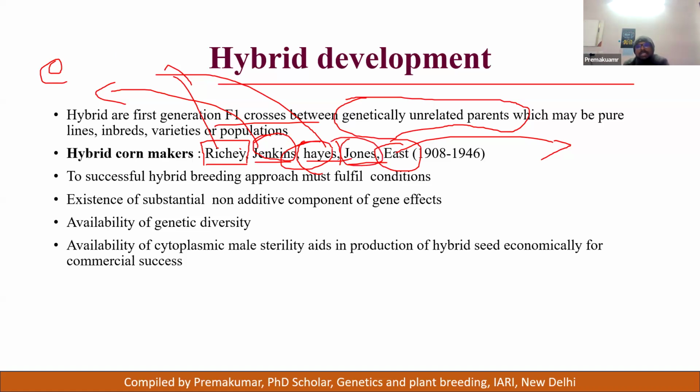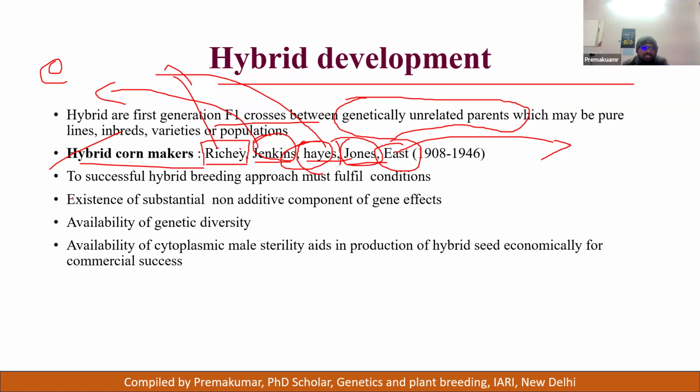Jones identified and discovered the double cross hybrid, and it was most popularized in the US at some point of time. East and Shull contributed the concept of heterosis, the genetic basis of heterosis and inbreeding depression concepts. They all led to the development of the hybrid industry in the USA.